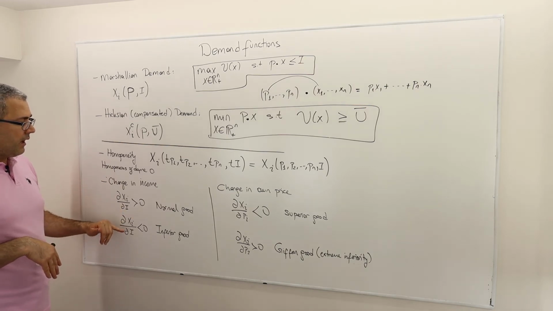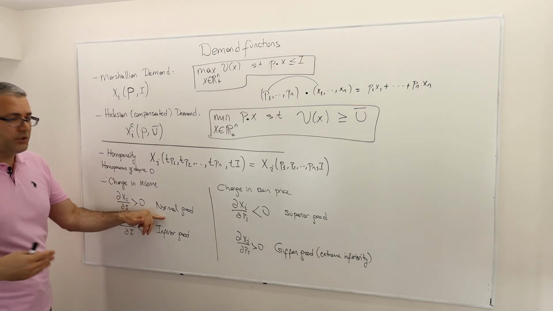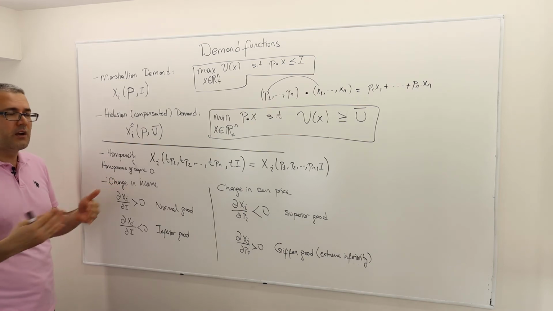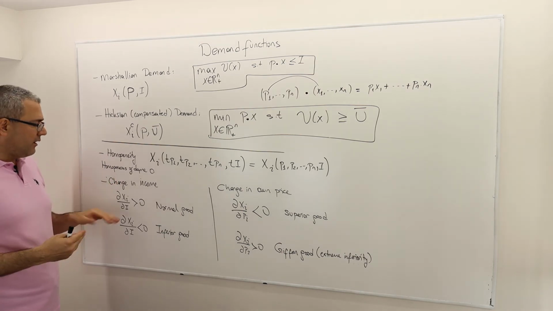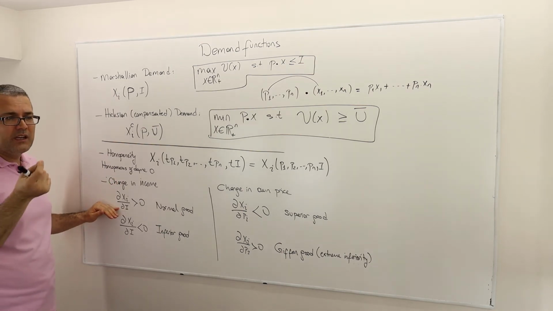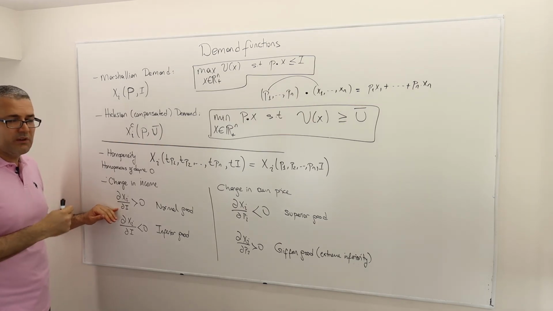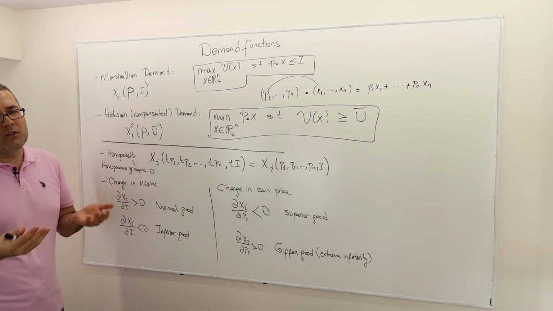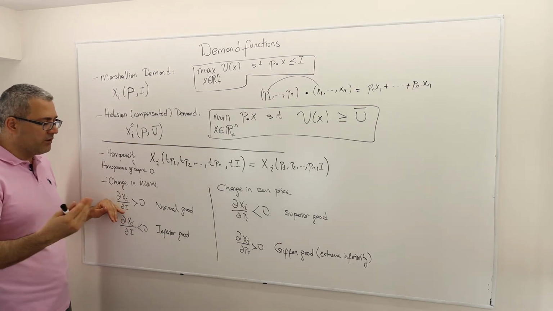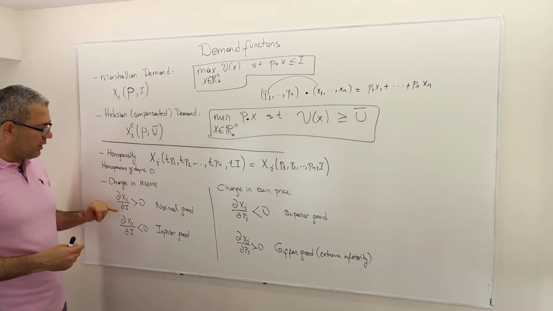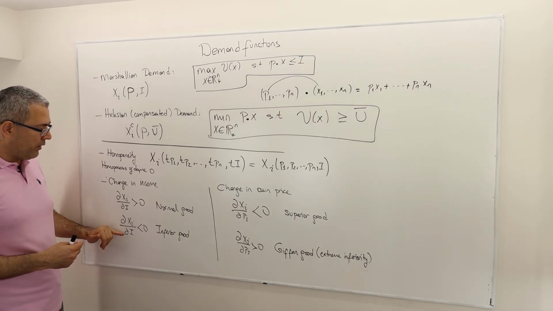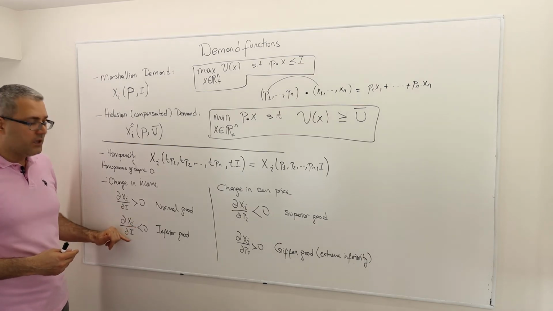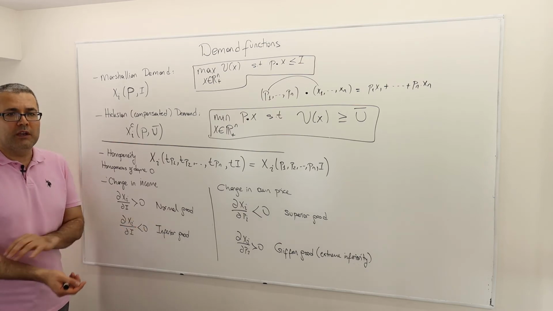If it increases, we call such goods normal goods. It's normal: the richer you get, well, here it's a very tiny change, but without loss of generality, when you're richer, you consume more. So there's a positive relationship. When you get richer and consume less, there's a negative relationship, which is an inferior good.